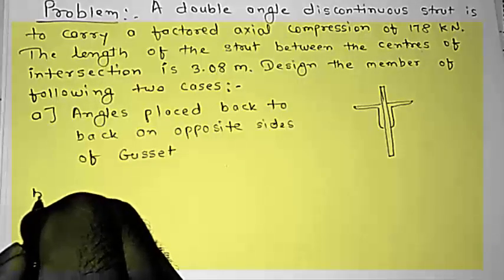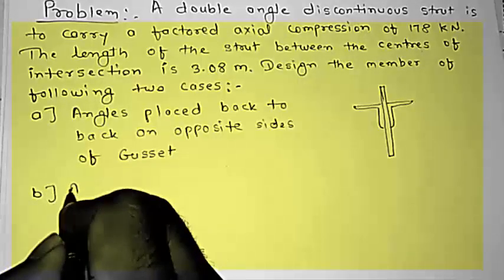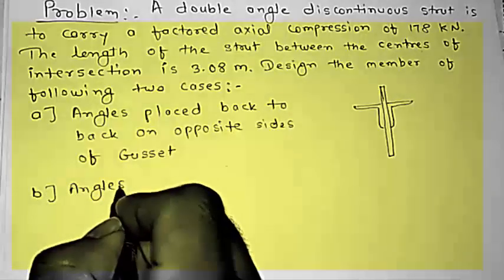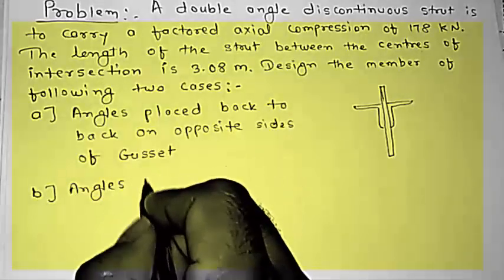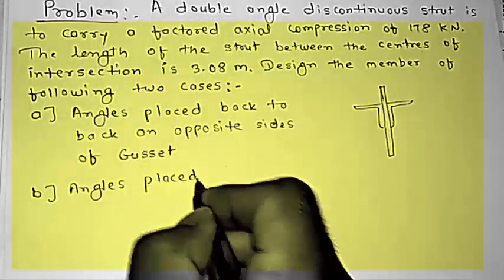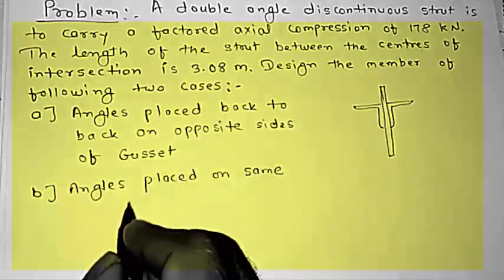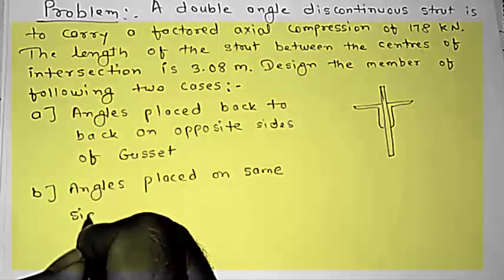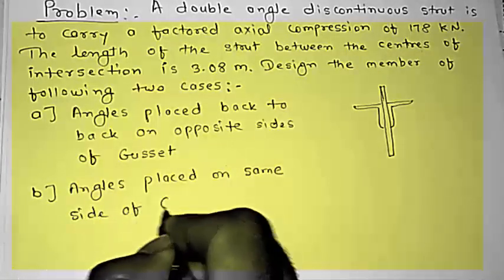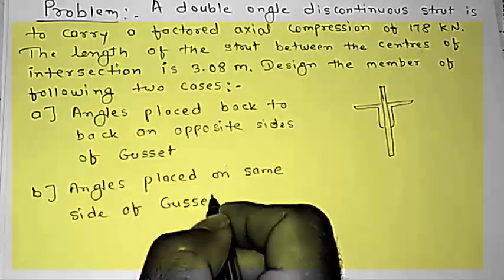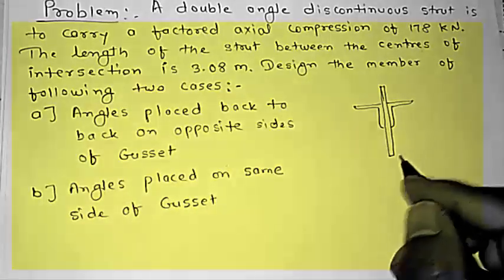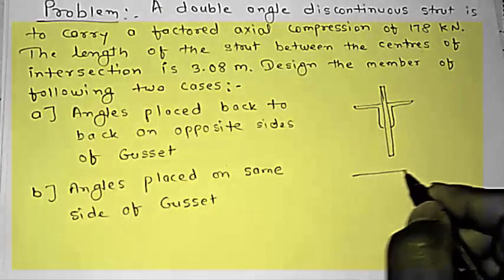Then the second case, angles placed on the same side of gusset. So what does that mean?